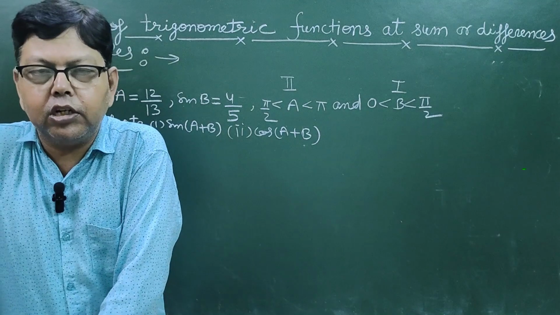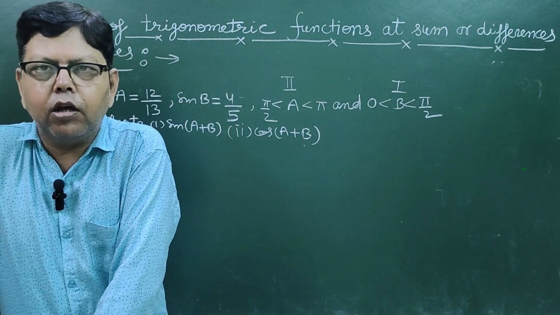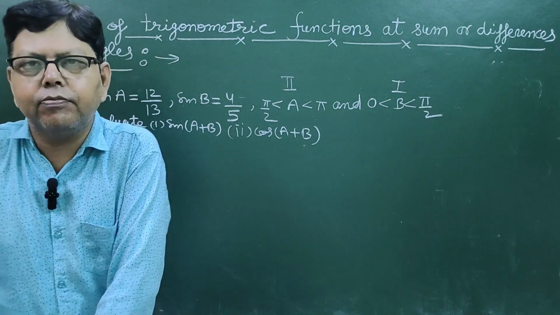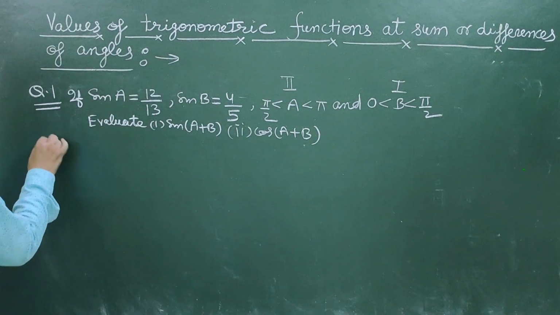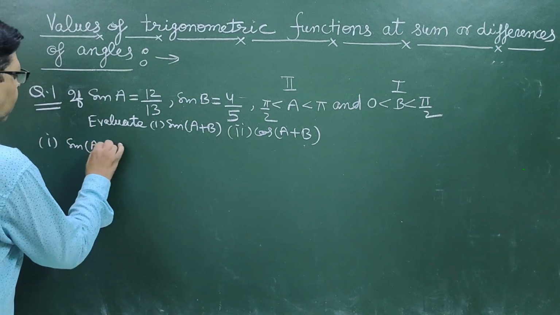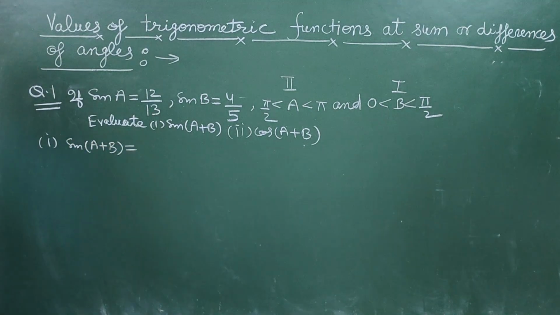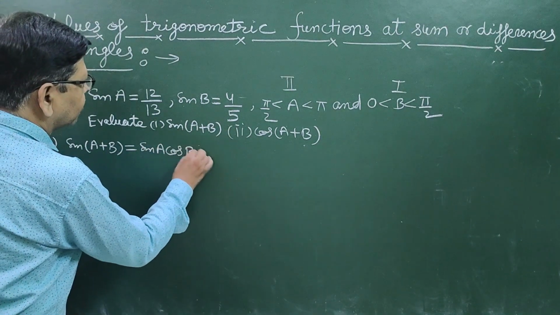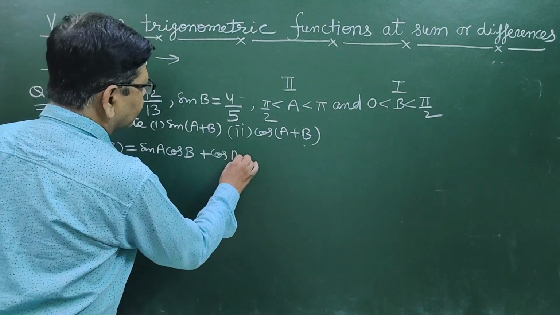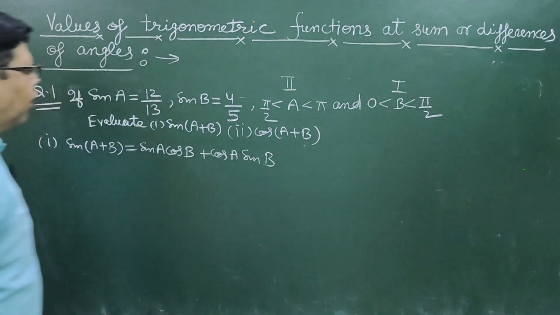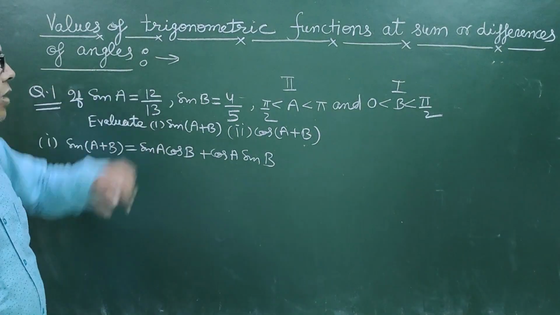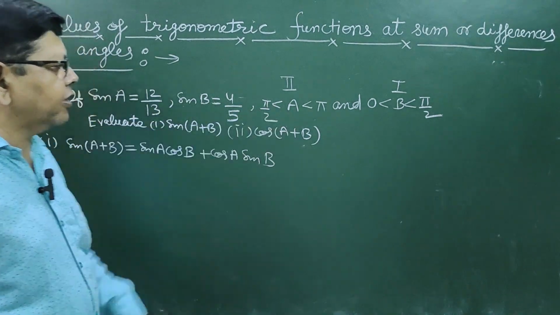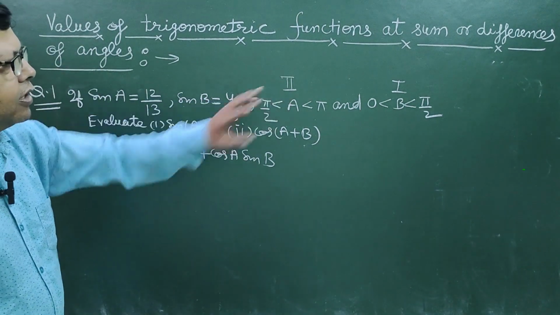So in this question, what do you need to do? First you will write the formulas of sine A plus B and cos A plus B. So first let us solve for sine A plus B. As I told you in the beginning, sine A plus B is equal to sine A cos B plus cos A sine B. Now you already have the values of sine A and sine B. Sine A is positive because it is in the second quadrant, and sine B is also positive, it is in the first quadrant.